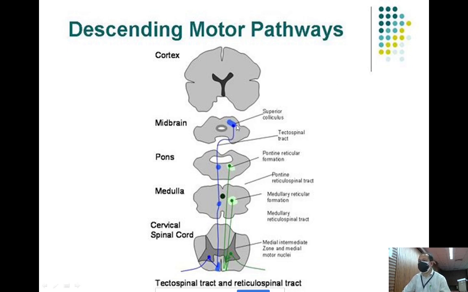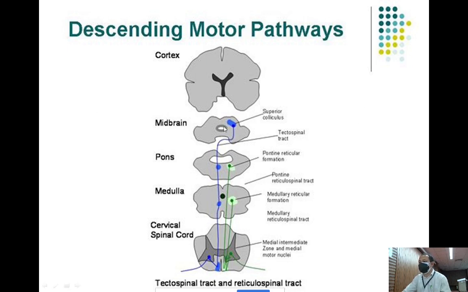And you know that the superior colliculus is a collection of nuclei which is in the pathway of vision, the visual pathway. Anyway, let us look at this tract first, keeping that in mind, and we will then come to the conclusion regarding the function of this tract.